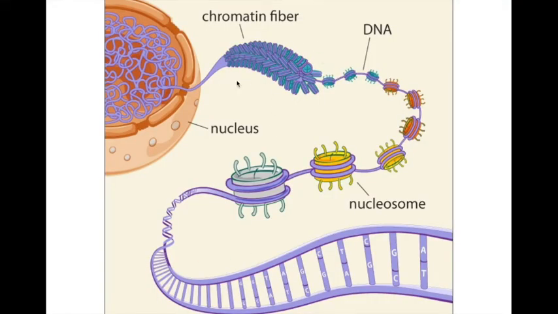So you see, when DNA coils, there is chromatin fiber. What we see in a nucleus is the chromatin. And you will be like, right now, what? Chromatin is what? The combination of DNA and proteins.